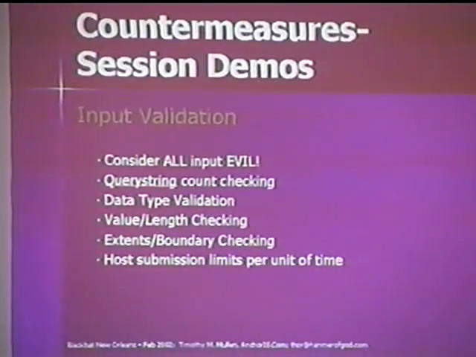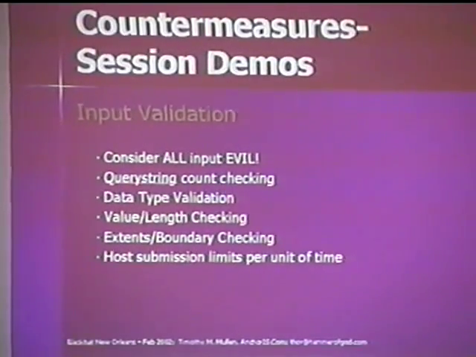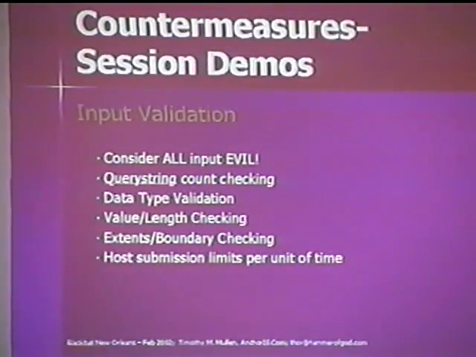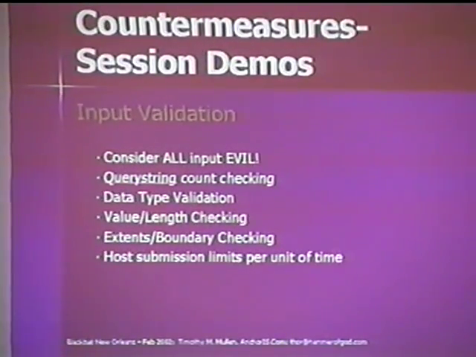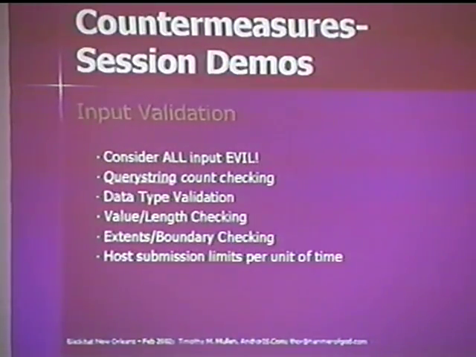Other things, as far as input validation, we want to do some value or length checking. As developers, we know that the only possible inputs we want to accept are areas 1 through 6. So we should explicitly check and say it's got to be 0 through 6.